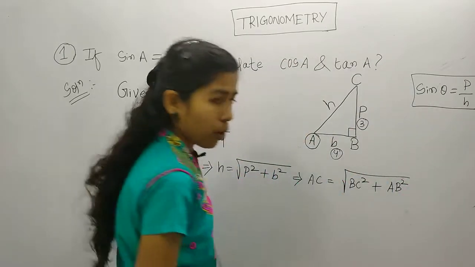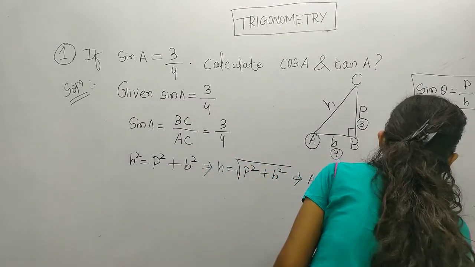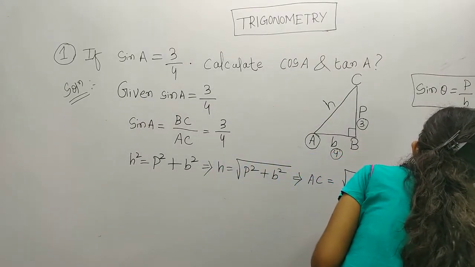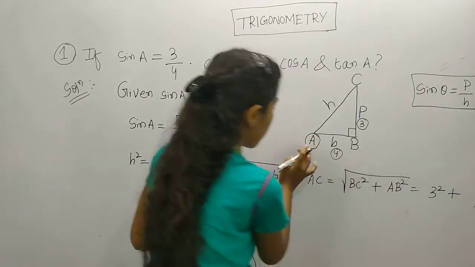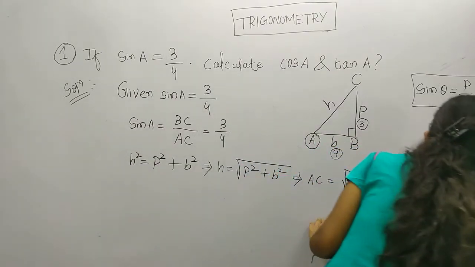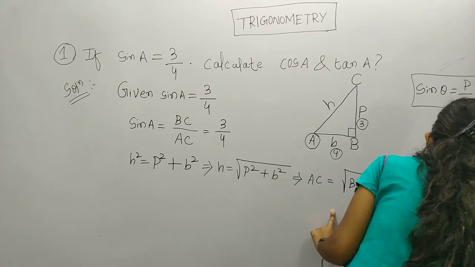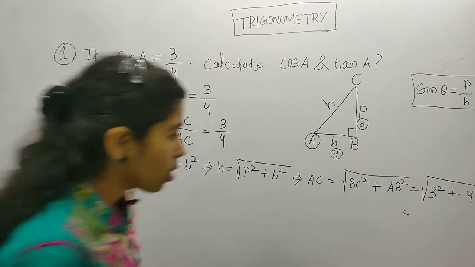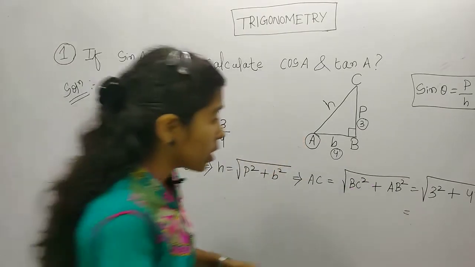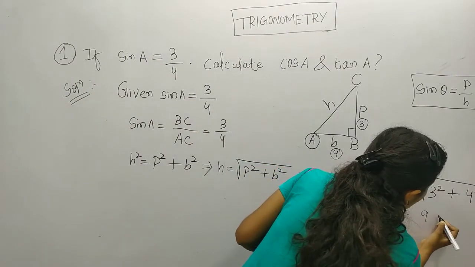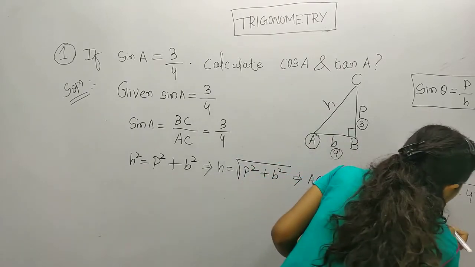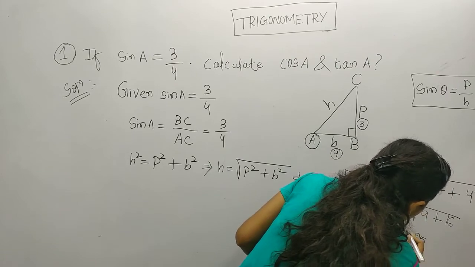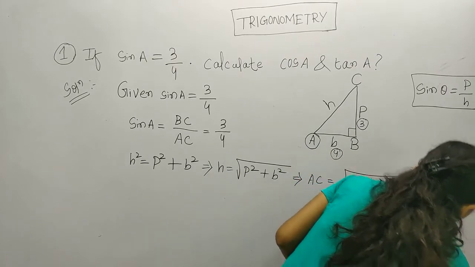BC is 3 and AB is 4. So 3 square is 9 plus 4 square is 16, under root. 9 plus 16 is 25, and root of 25 is 5.